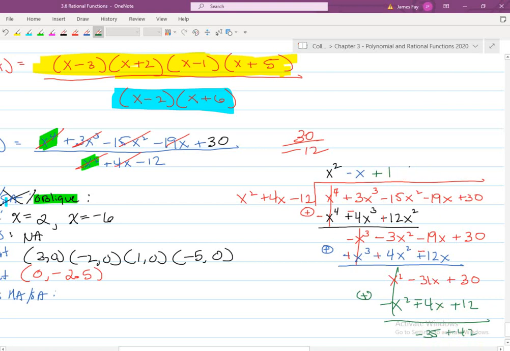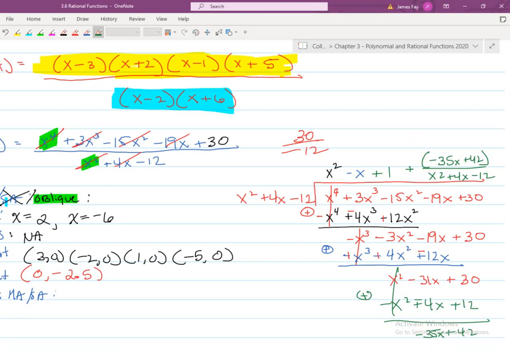So this becomes plus my remainder over my quotient. Not my quotient, my divisor, sorry. Okay? Now, that's the long division. We've done that multiple times in other areas.